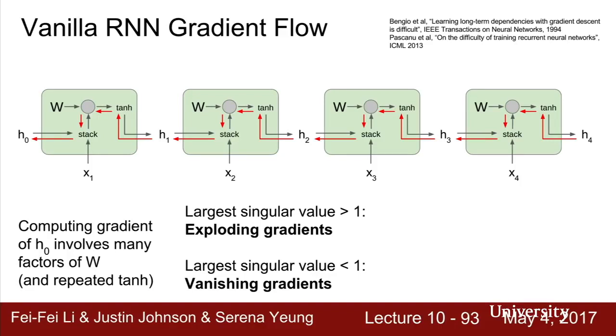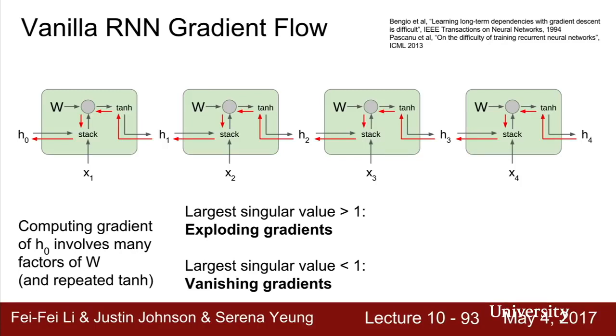That same intuition extends to the matrix case. But now, rather than the absolute value of a scalar number, you instead need to look at the largest singular value of this weight matrix. So if that largest singular value is greater than 1, then during this backward pass, when we multiply by the weight matrix over and over, the gradient on h0 will become very, very large.